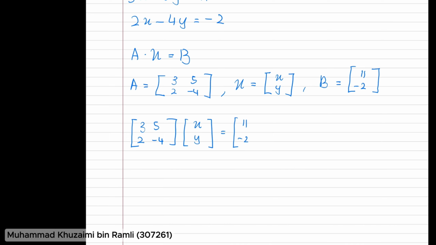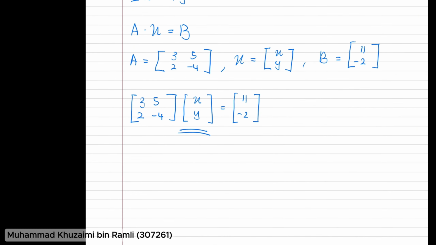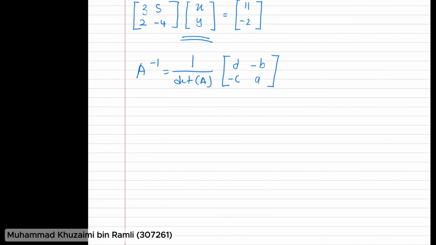11, negative 2. Then the formula for the inverse of a 2 by 2 matrix is A inverse equals 1 over determinant A multiplied with D, negative B, negative C, and A. Then we need to find the determinant of A, and the formula is determinant A equals AD minus BC.